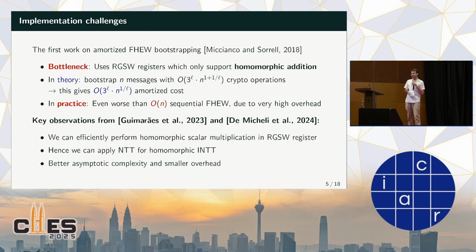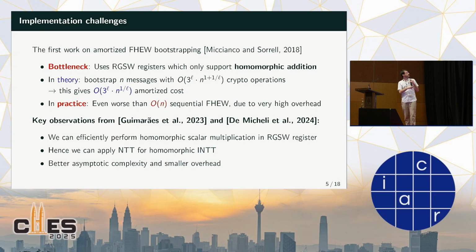So there are some implementation challenges in the amortized bootstrapping presented by Micciancio and Sorrell. The main bottleneck is that it uses these RGSW ciphertexts that only support homomorphic addition. So while in theory, to bootstrap n messages with this cost here, it will give you this amortized cost, because you're dividing it by n, so you get rid of this exponent here, in practice it gets even worse than sequential, because of the very high overhead when you're doing the scalar multiplications.